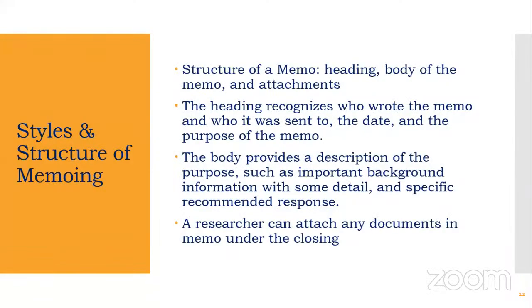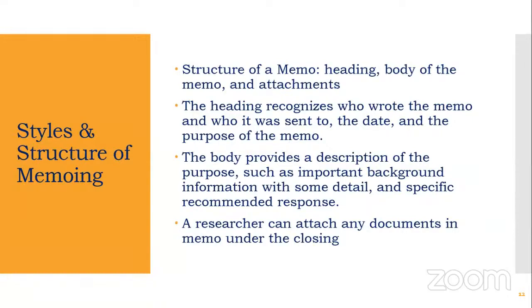The structure of a memo includes three different parts: the heading, the body of the memo, and the attachments. Okay. The heading recognizes who wrote the memo, who it was sent to, the date and the purpose of the memo.